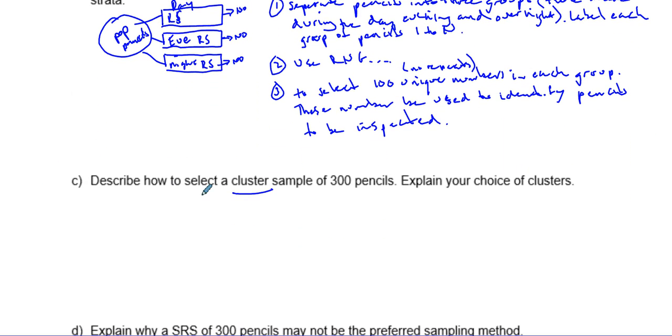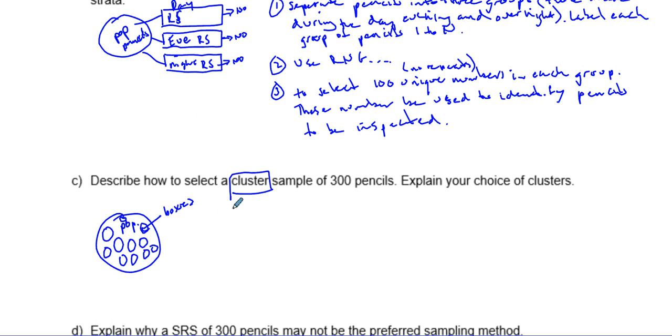The next one we have is clusters, as a cluster. Now, a cluster sample is where we have a population. And in this population, we identify there's clusters of different things in the population that actually make up true aspects of this population. Now, what are the clusters of things that we have? Well, that is probably the boxes of pencils.